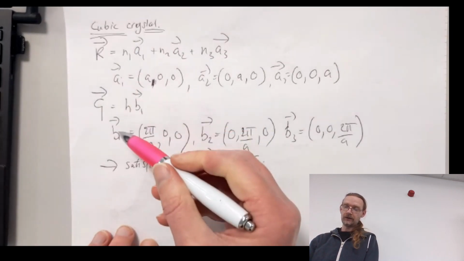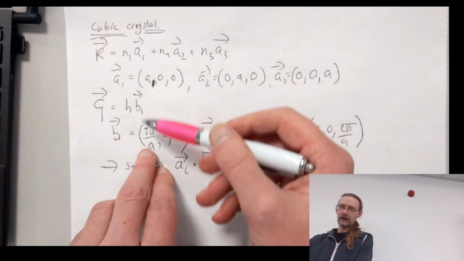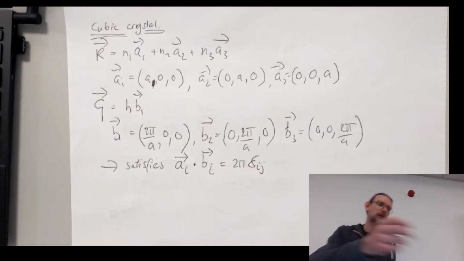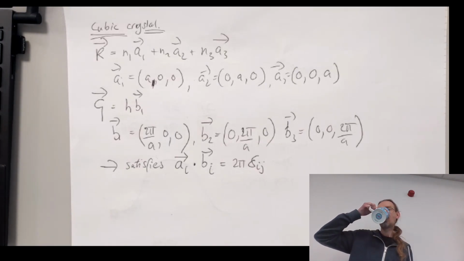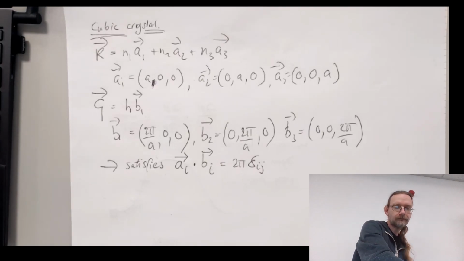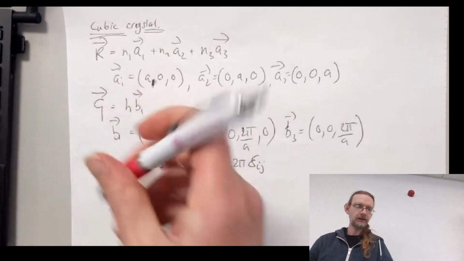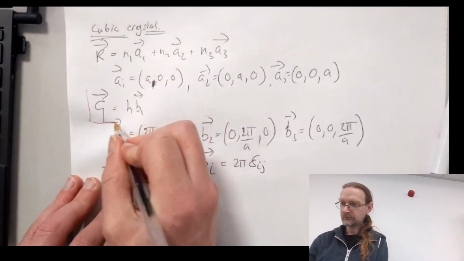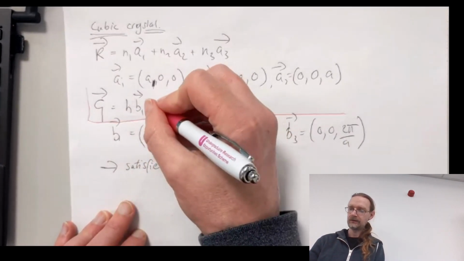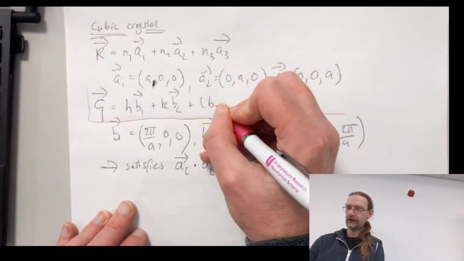So if I do it with a1 and b1, I do get 2 pi. The other two components are zeros, like a times 0, and so on for the others. It does satisfy that criteria. So my general G vector here is going to be h lots of b1 plus k lots of b2 plus l lots of b3.